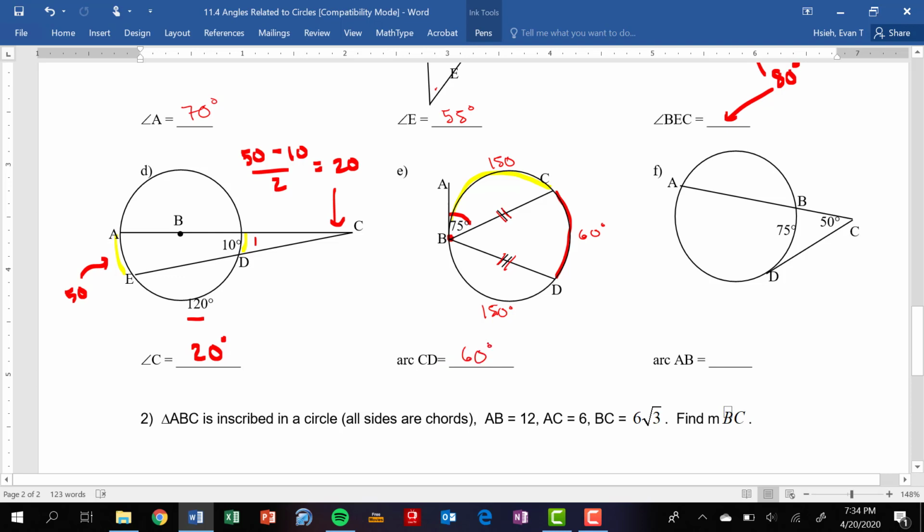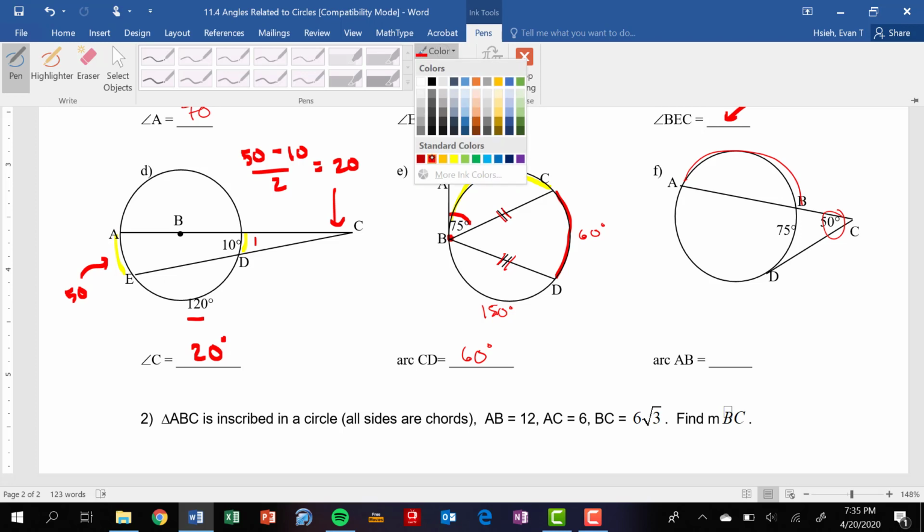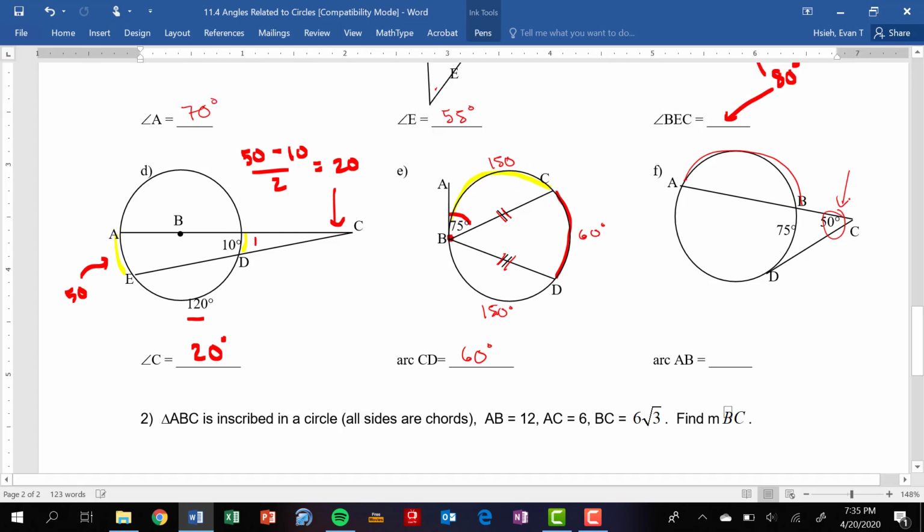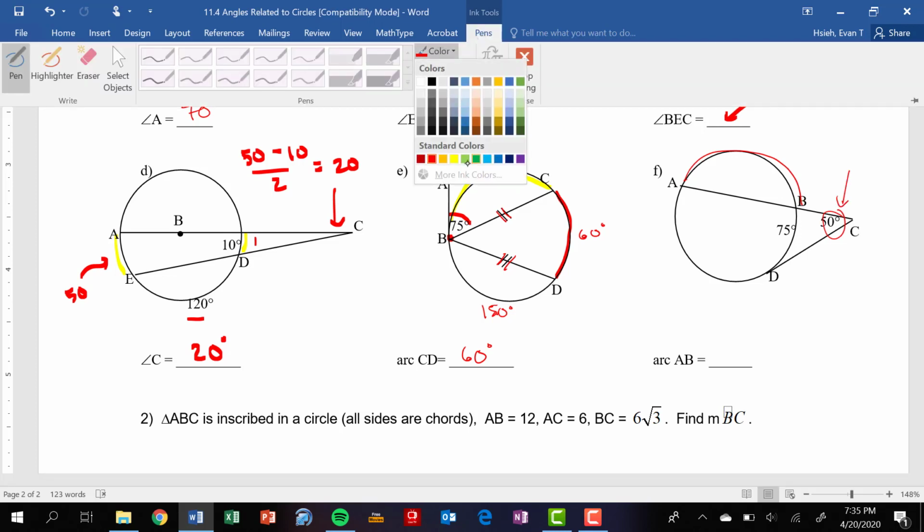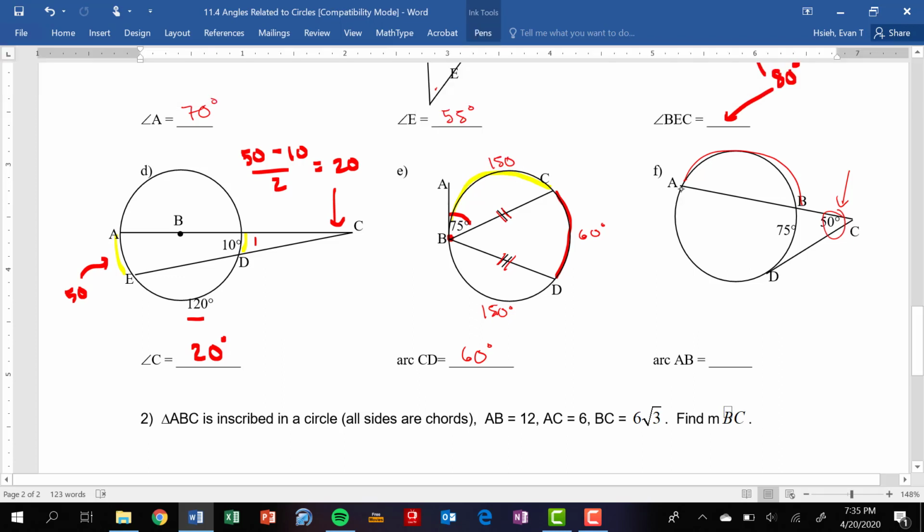Okay, and the last one right here, I'm looking for arc AB. And I'm given this one, and I'm given this one. I know that this angle over here is outside the circle. It's going to be half of the difference between this arc and this arc.